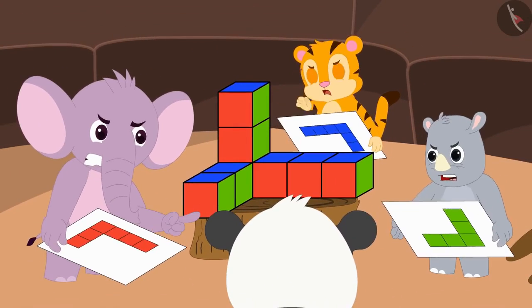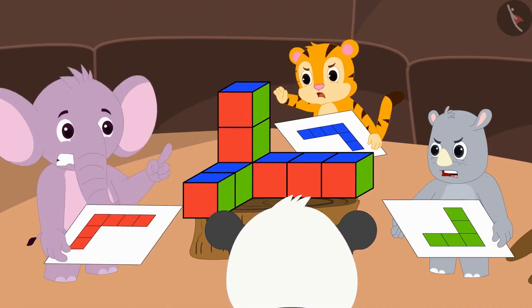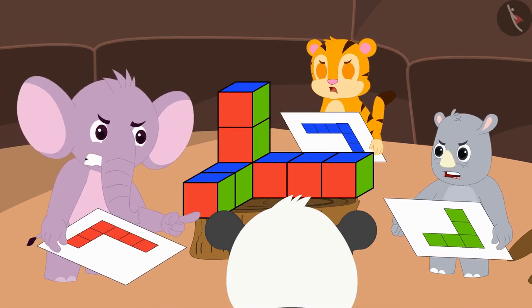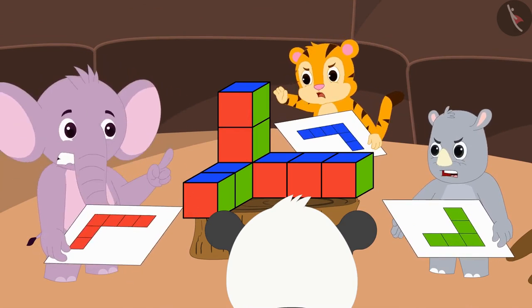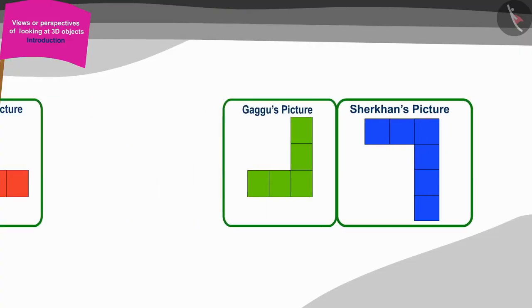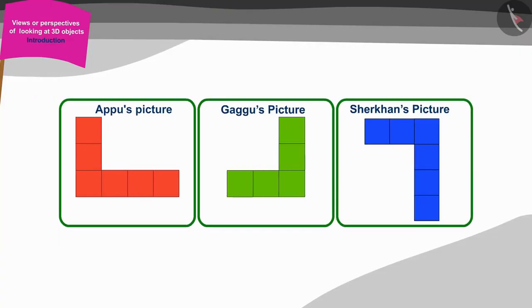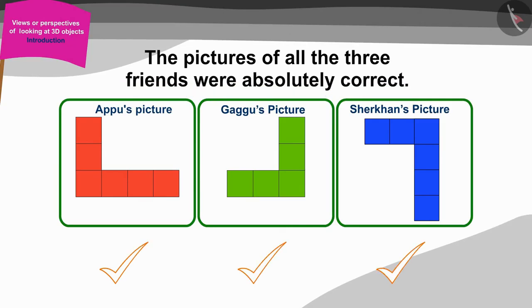Now, the three friends started quarreling about whose picture best matches the shape made by Golu. What do you think is the correct answer? Yes, the pictures of all the three friends are absolutely correct.